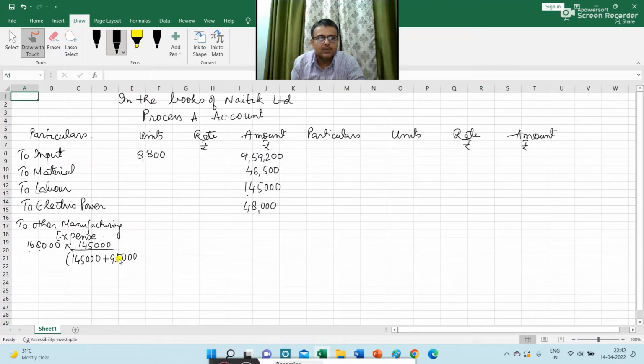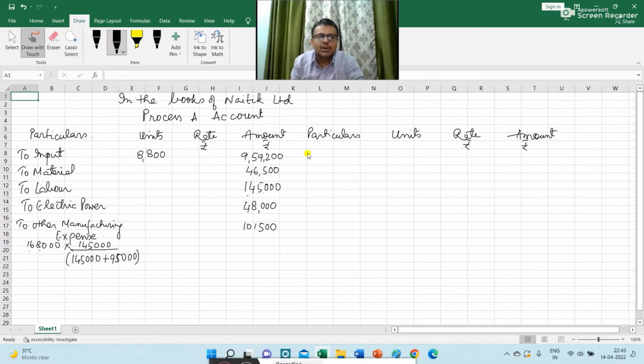So 95,000 is the labor cost for process B. If you calculate this, 1,68,000, that is the total manufacturing expense, will be allocated to process A and process B in the ratio of labor cost. So if you calculate this value, you will get 1,01,500. So this is the total cost that is incurred for process A.